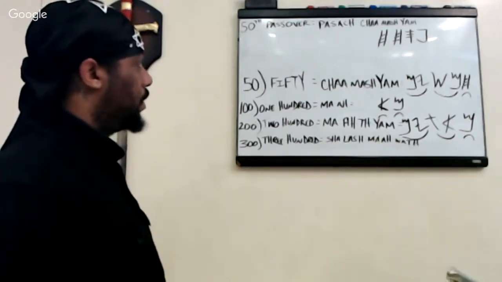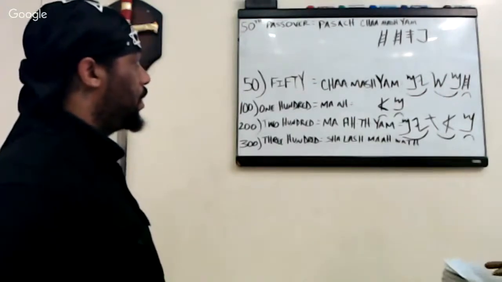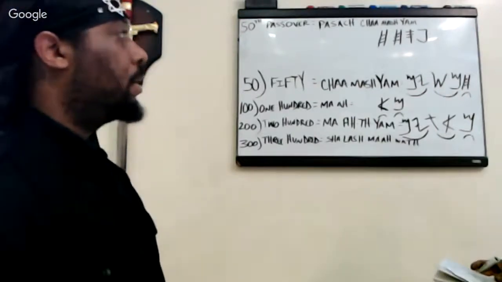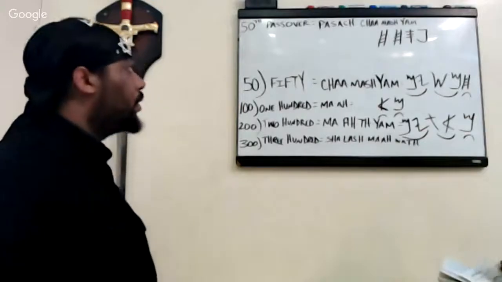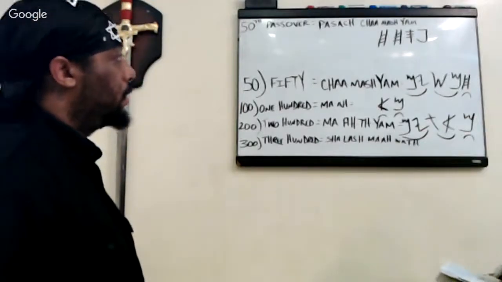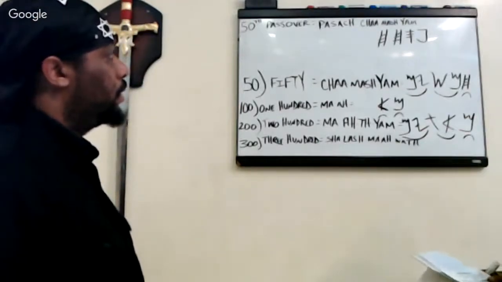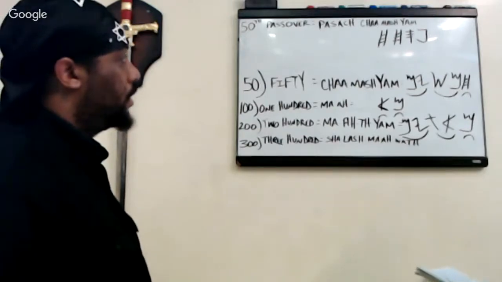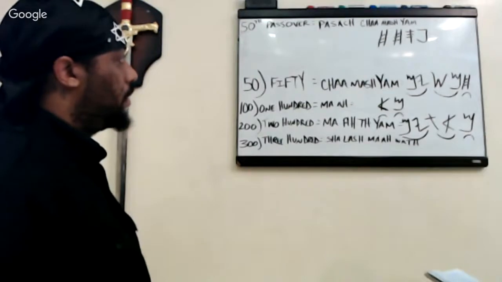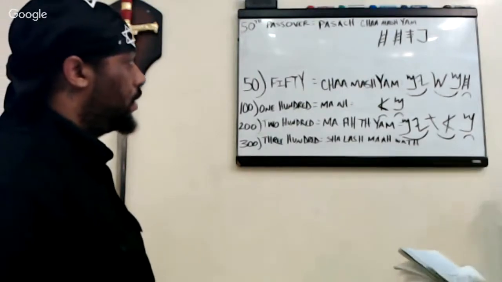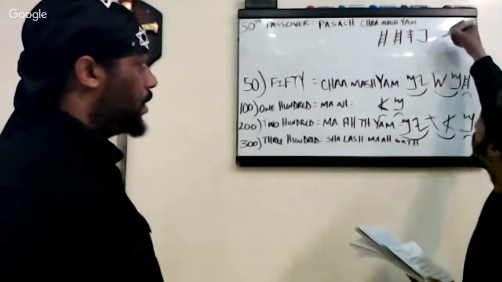If I want to say holy of holies, it will be Qadash ha Qadashim. The second word describes the thing pertaining to the original thing and always has a ha before it. Pesach ha kamashim, all right?